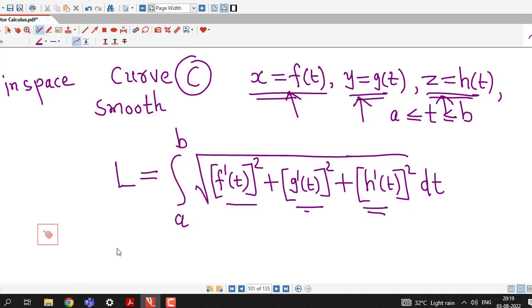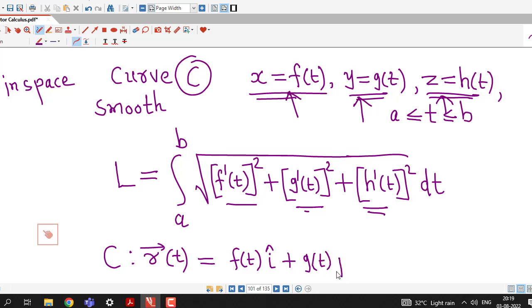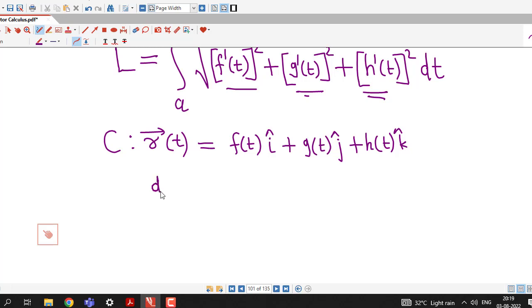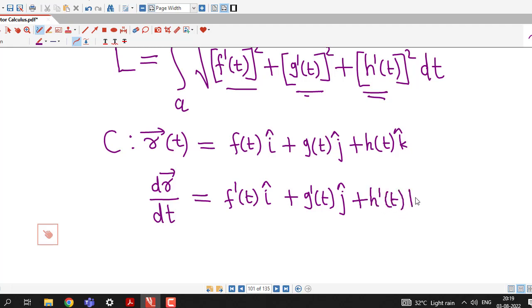Now we know that if we have a curve in space, then we can represent it in vector form as r bar t equal to f of t i plus g of t j plus h of t k, and suppose this is a smooth curve, then we can differentiate r with respect to t, that is dr bar by dt equal to f dash t i plus g dash t j plus h dash t k.